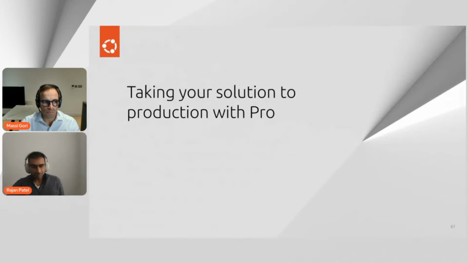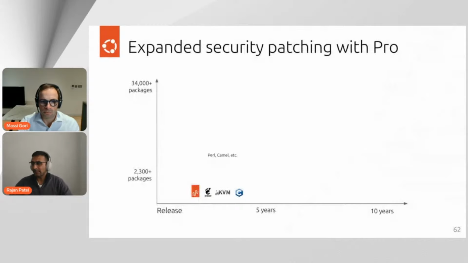So if you want to take your solution to production with Ubuntu Pro, there's a bit more to Ubuntu Pro than just Landscape. You get expanded security patching with Ubuntu Pro. And expanded security patching is now going to include security patches for all of the packages that are available in Ubuntu Universe.